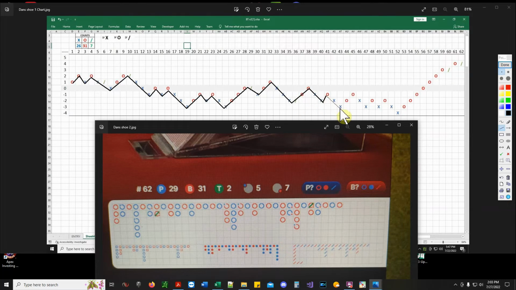Zigzagging, looking for major areas of support and resistance. Of course, this shoe is already completed. But as you're in the middle of a shoe, if you have problems seeing your... is this the same shoe? This is the same shoe.